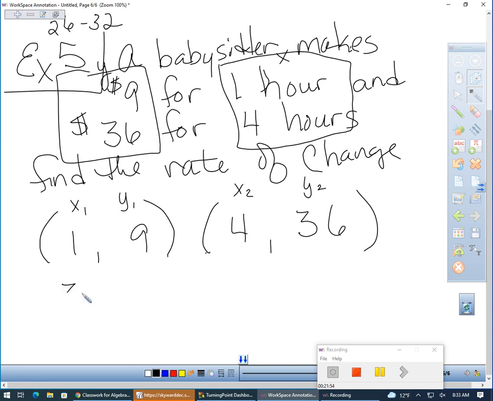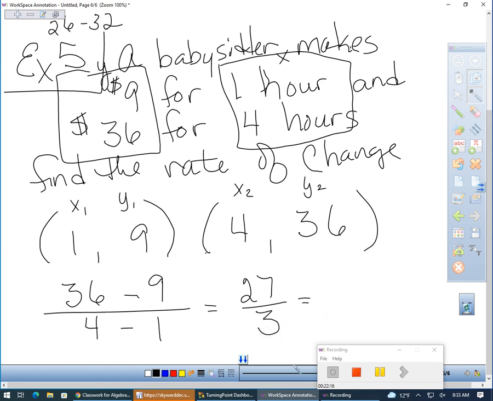Y2, 36, minus Y1, 9, over X2, which is 4, minus X1, which is 1. I'm sorry, Thomas, I apologize. 36 minus 9 is 27. 4 minus 1 is 3.